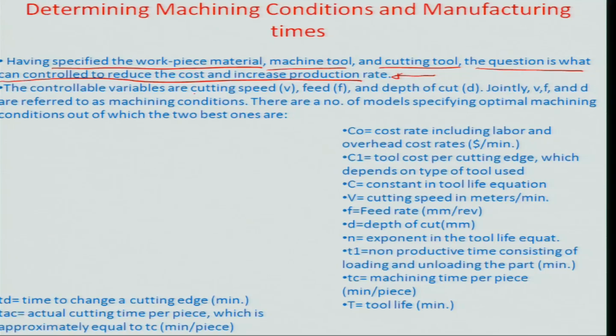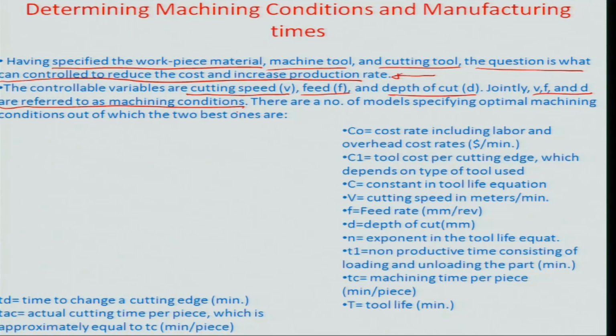Obviously the controllable variables here are the cutting speed, the feed, the depth of cut, and jointly the V, f and d, all the 3 parameters are referred to as machining conditions. Okay. So there are a number of models specifying optimal machining conditions, and out of which the best ones are the minimum cost model. Okay.